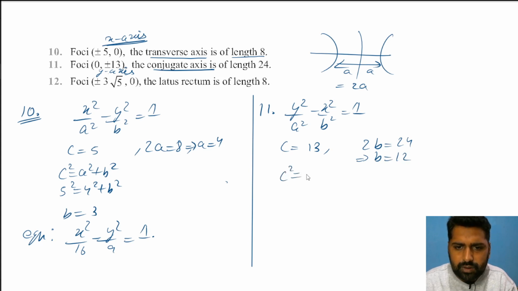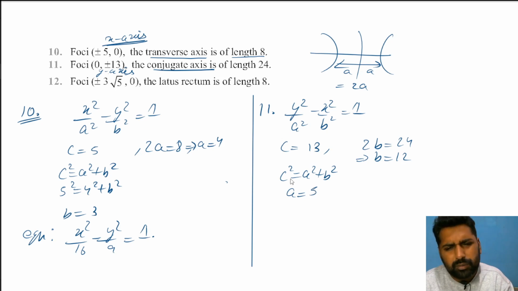Again, c square equal to a square plus b square. And if you know Pythagoras theorem, you know that 12, 13 and 5 make a Pythagorean triplet. So you can directly tell your a is 5. If you want, you can put down the values and solve.